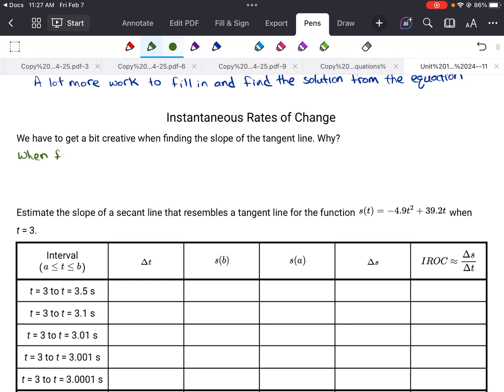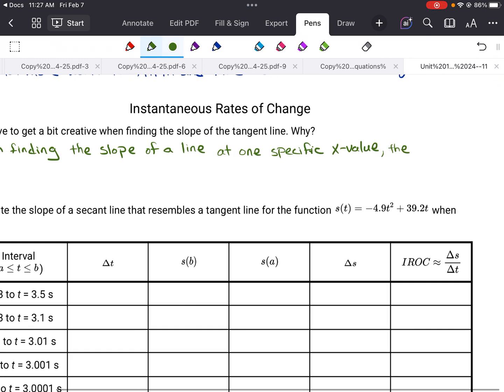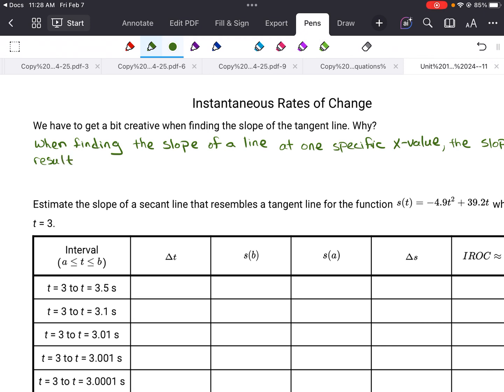Well, because when we're finding the slope of a line at one specific x value, the slope will result as undefined unless we add a slight increase to the x value.